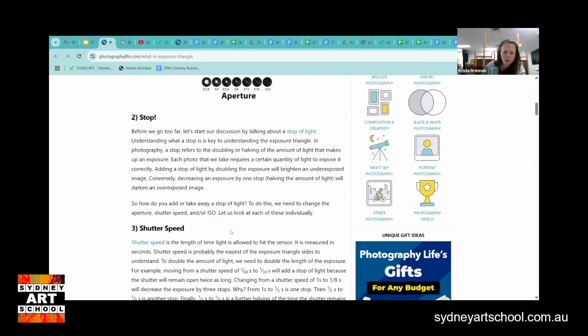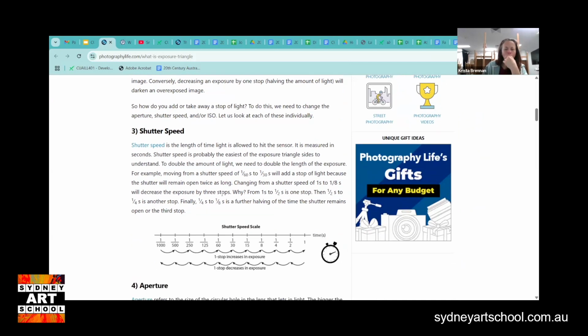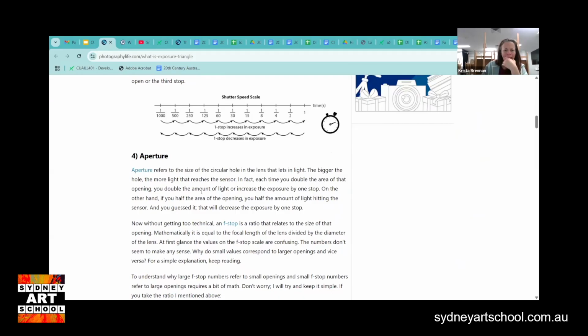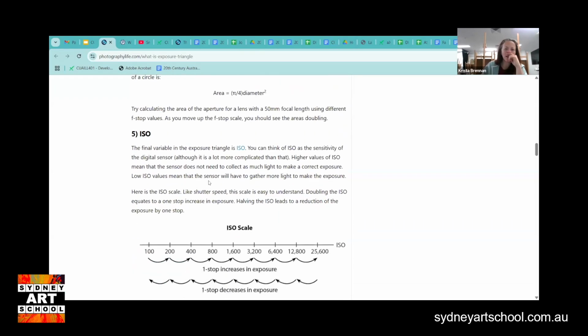Shutter speed is the length of time that light is allowed in to hit the sensor, and so it's measured in seconds or fractions of a second. Aperture is the size of the circular hole that lets light in to hit the lens. And ISO is the sensitivity of the digital sensor.